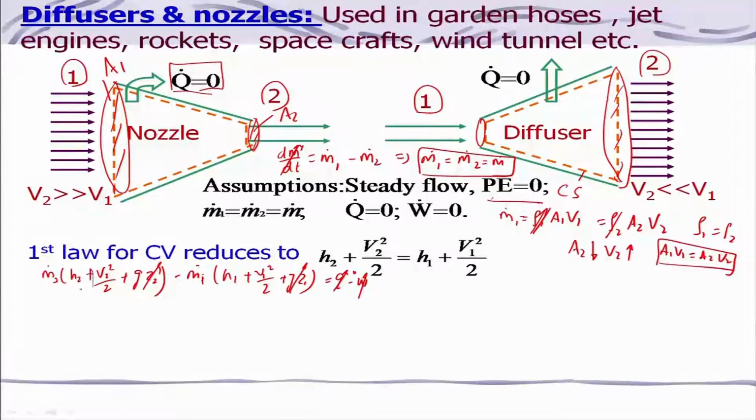Then what will we get? If I divide by the mass flow rate, I can write H2 plus V2 square by 2 is equal to H1 plus V1 square by 2. So, this is the expression we can get.